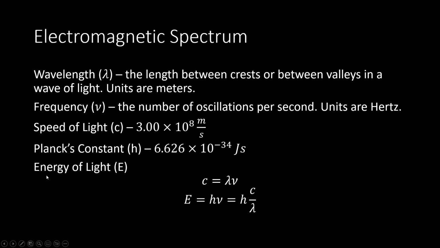And then the energy of light is represented by E. Connecting these parameters, c is equal to wavelength times frequency, or lambda nu, and then E is equal to Planck's constant times frequency, which happens to equal Planck's constant times the speed of light over the wavelength.